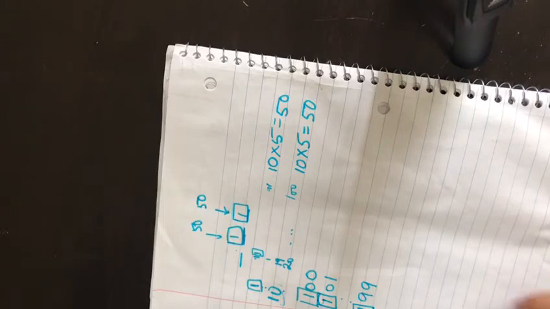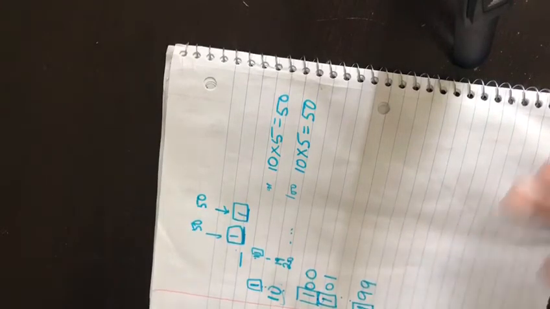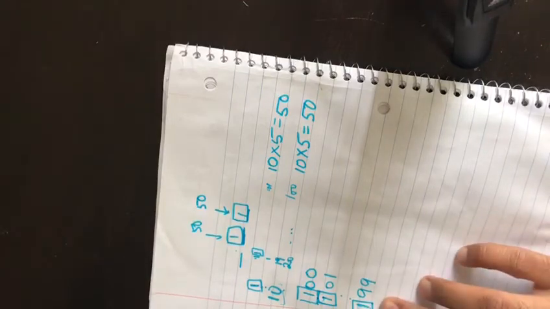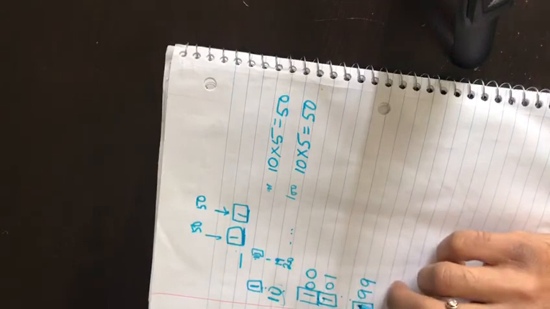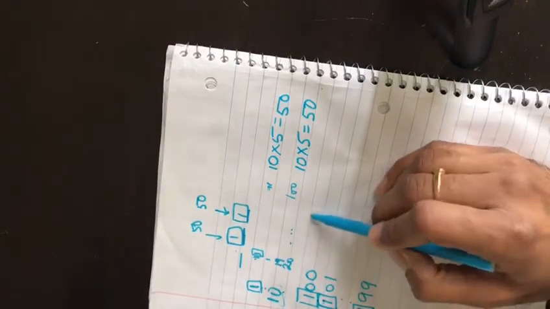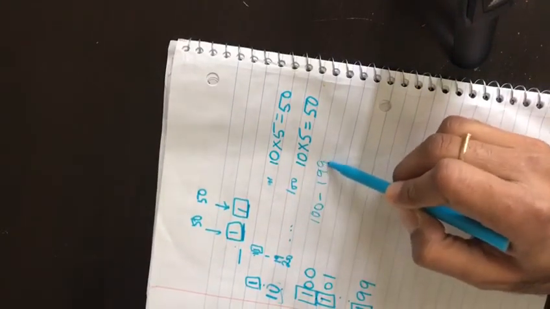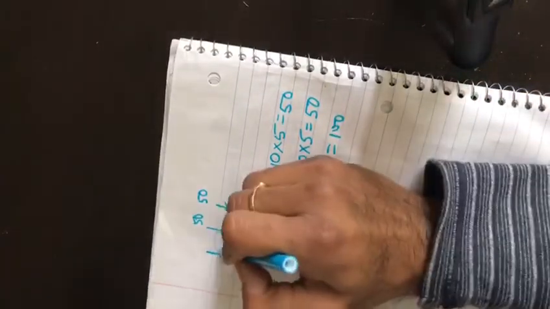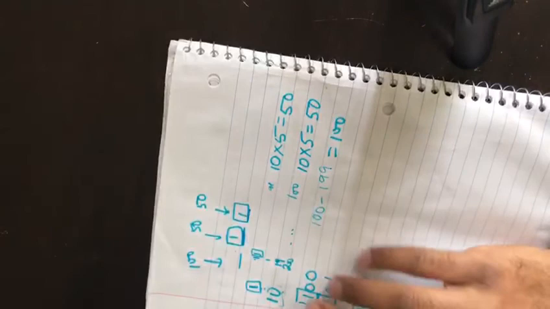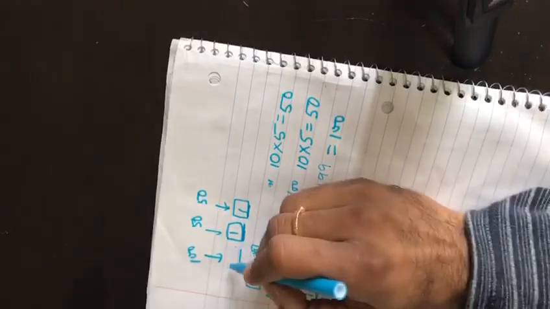Once we hit 200, all the way to 500, we don't get any other 1 in the hundreds place. So all the pages with 1 in the hundreds place are the page numbers from 100 to 199, which is a total of 100 pages.